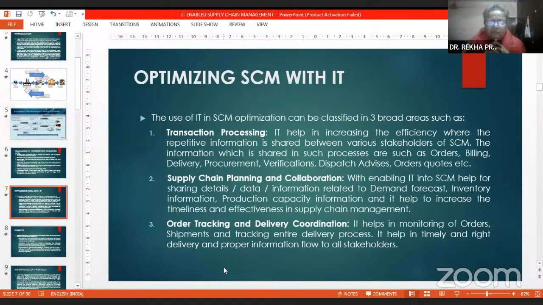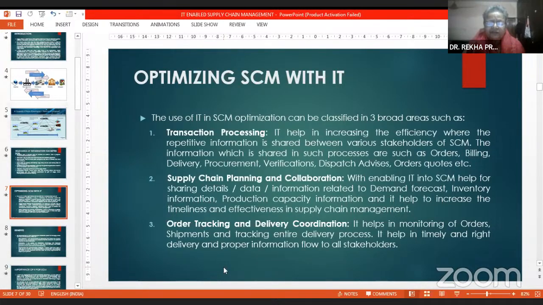Then to optimize supply chain with IT, we have to concentrate on these three things: transaction processing, supply chain planning and collaboration, order tracking and delivery coordination. Transaction processing is what? IT helps in increasing the efficiency where the repetitive information is shared between various stakeholders of SCM.